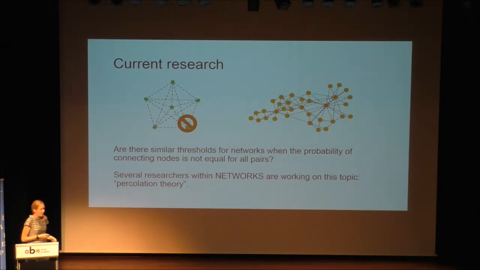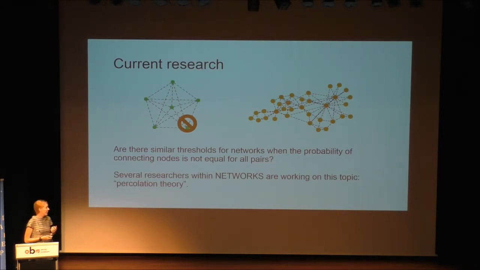And so current research is asking very similar questions as we have asked about Erdős-Rényi networks, but about networks with different structure. So if in this network, not all nodes have a probability of connecting, but the nodes that do have the probability of connecting or transmitting the disease have the same probability P of transmitting this disease, is there then also still a threshold, an epidemic threshold?